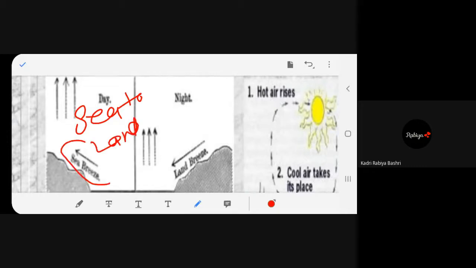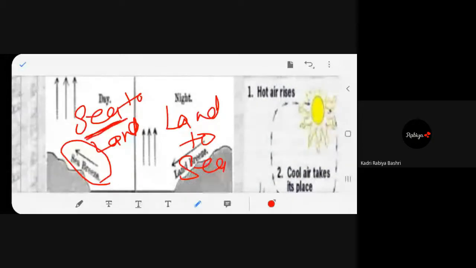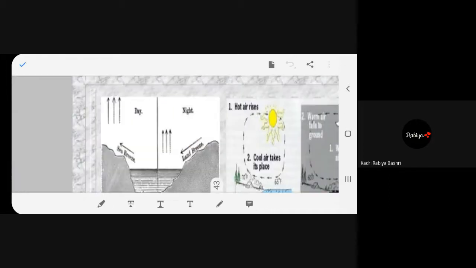So this is sea breeze. This is land to sea. So this is land breeze. So you should understand this one. The first word, that becomes the breeze. Land, that becomes the breeze. Is it clear? From where to where it is going, then it becomes easy for you to understand and learn. Okay? Okay, beta? Okay, ma'am.